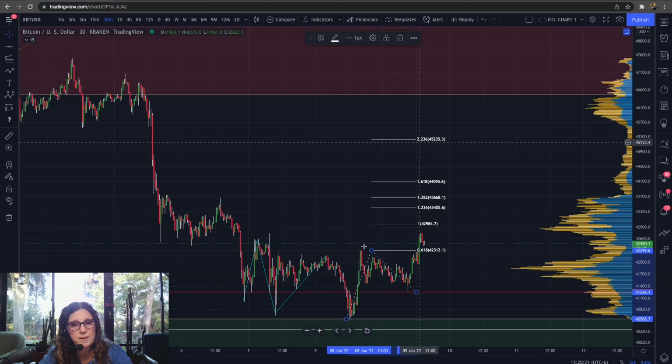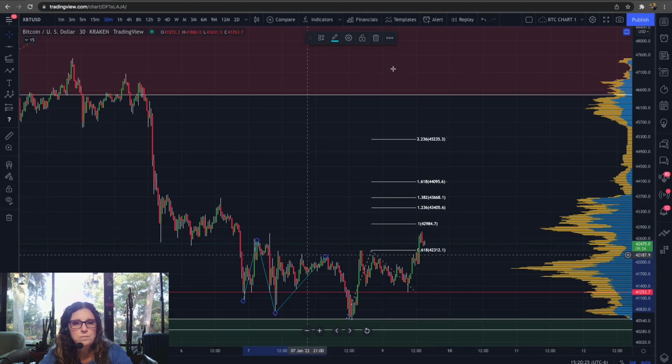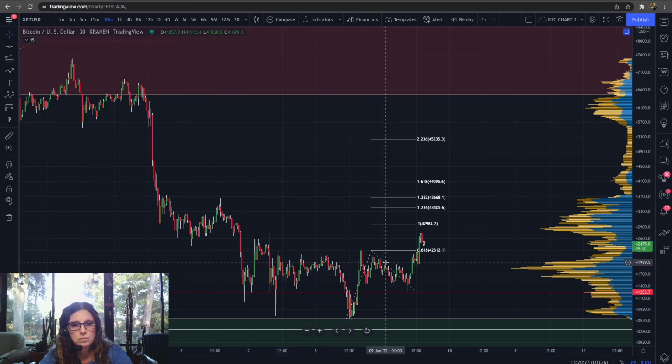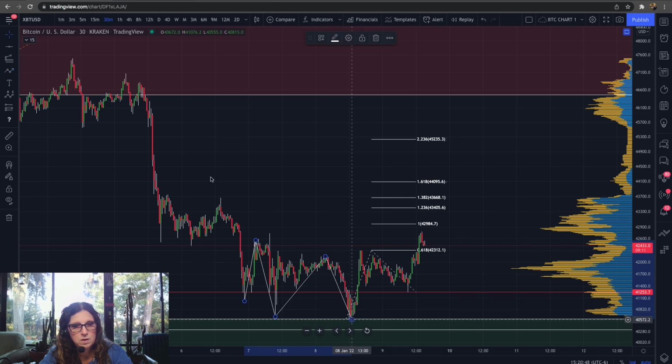So how can it be impulsive? So impulsive means that we bounced for 3 waves here, and then we came down in 5 to end this move.